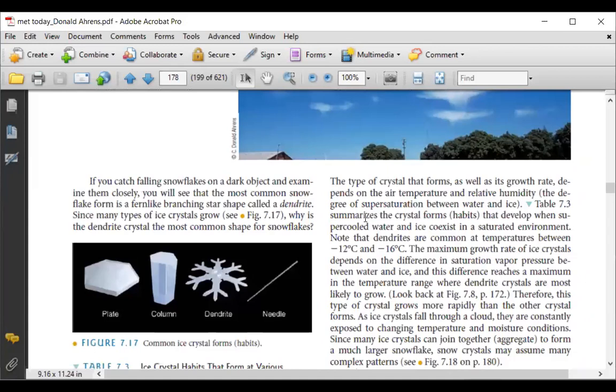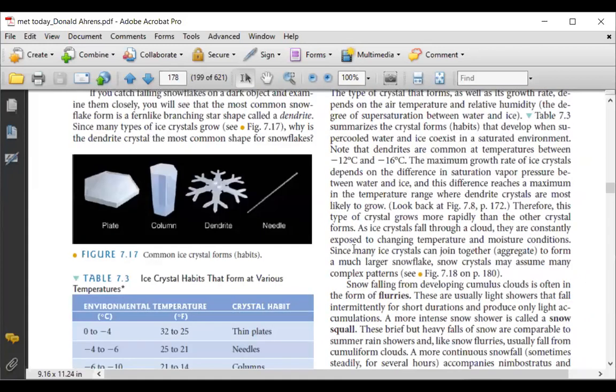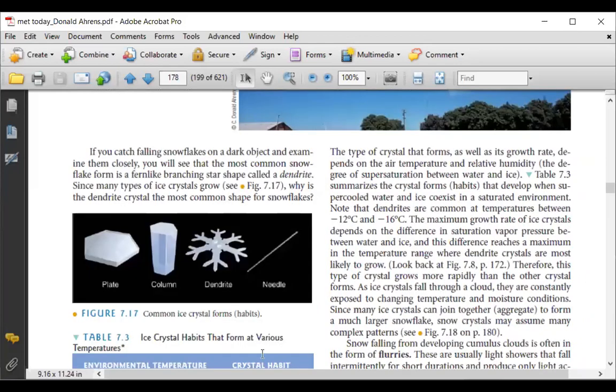In the last class, I discussed the formation of snowflakes and the pattern of snowflakes. I discussed the dendrite formation, and someone asked me why it is more common, and about the temperature, 12 degrees and 16 degrees. But actually that was a mistake.